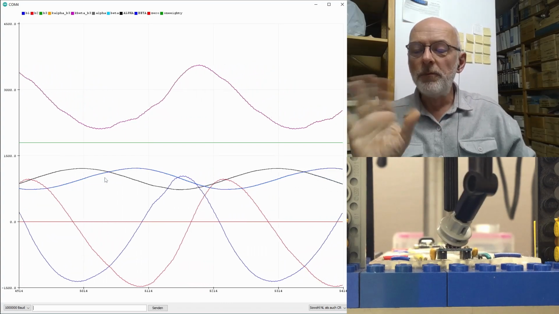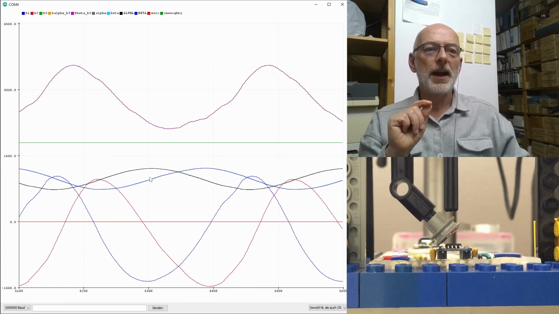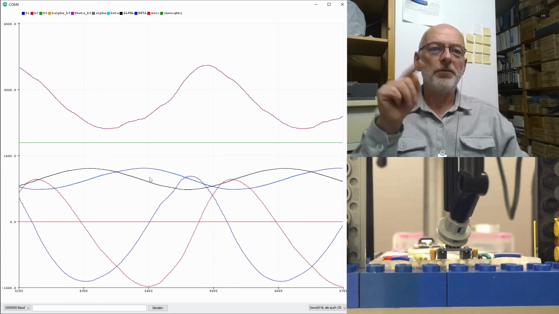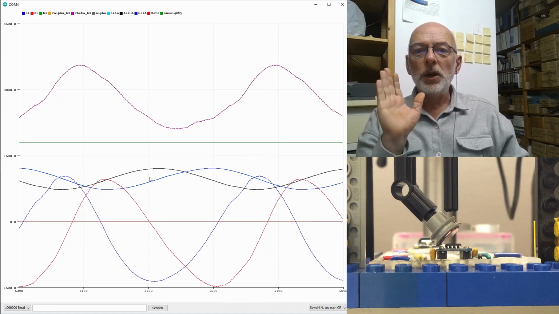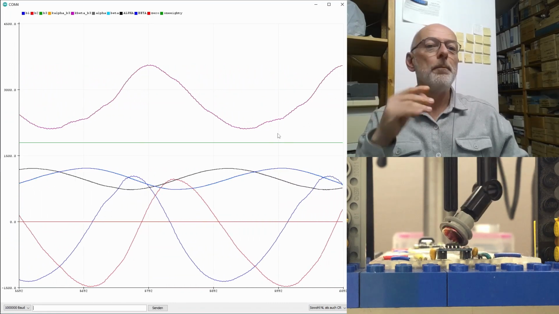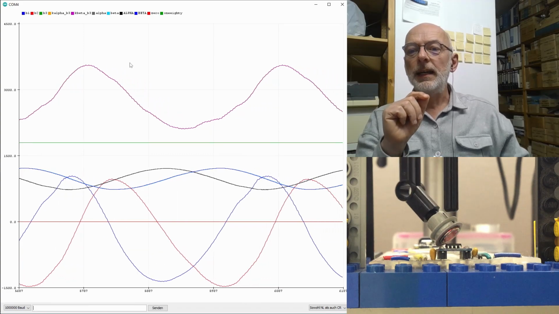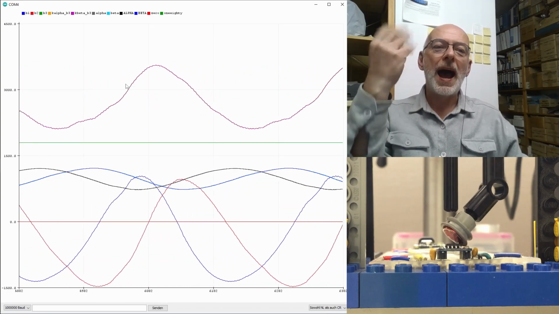So still room for improvement. Maybe I should put these lines in there, you know, 45 and 135. But for now, what we can see is that our Z data, B3 data, is from the amplitude far too high.